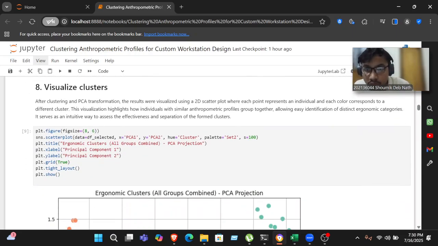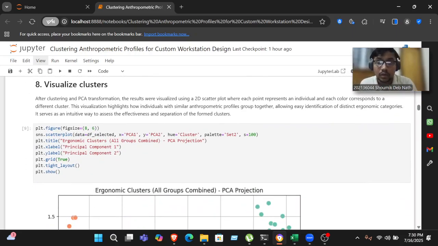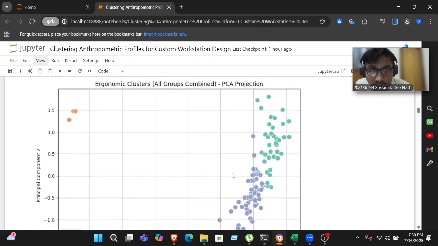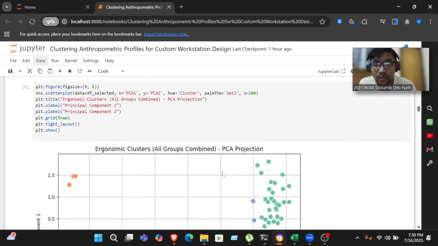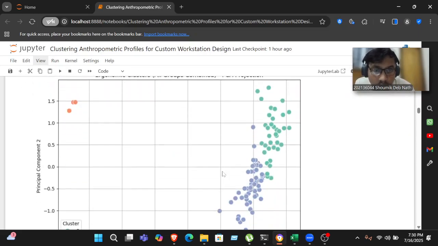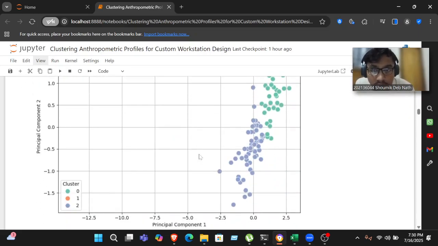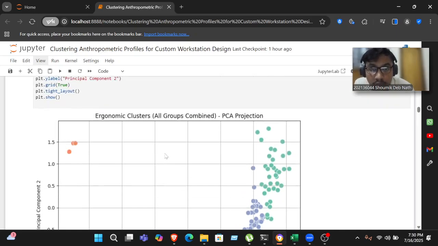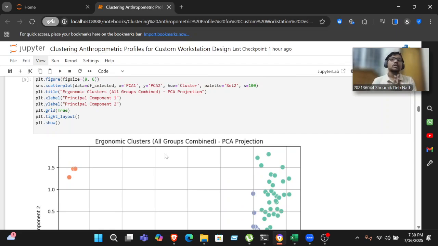So here are the visual clusters that I have generated by my code, and here's the graph, as you can see. Here are the plots, and the plots are titled cluster 0, cluster 1, and cluster 2. So what is actually a cluster?